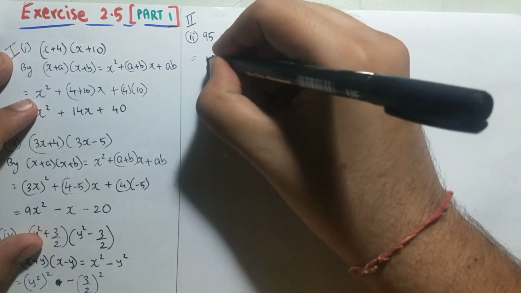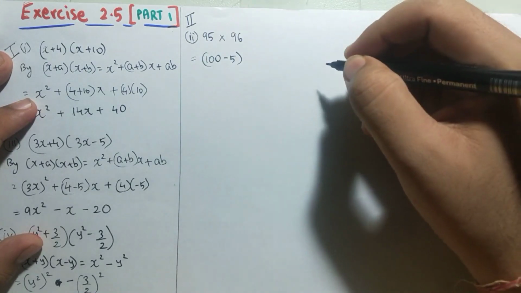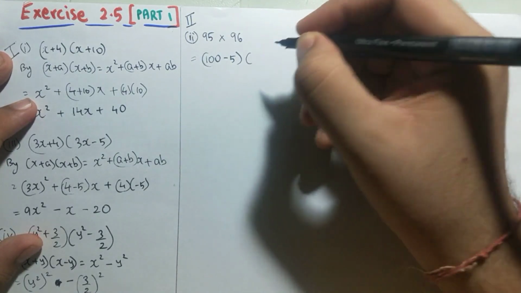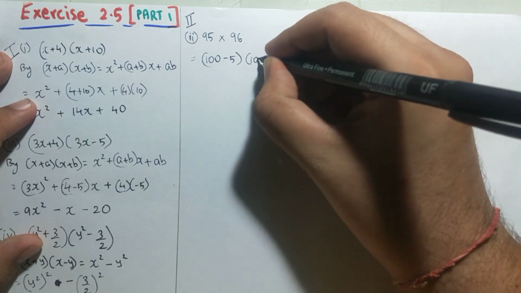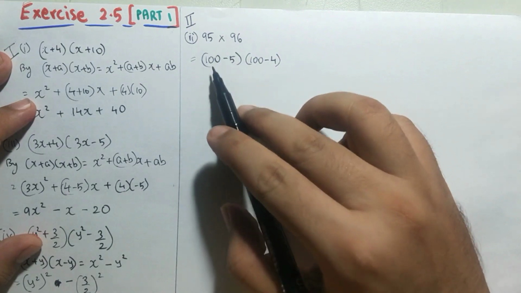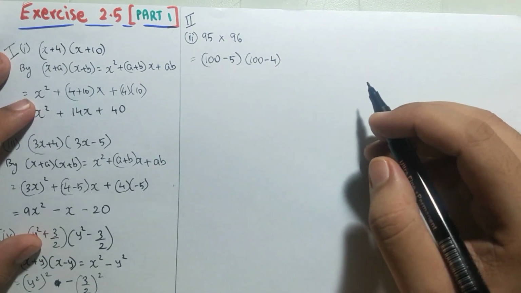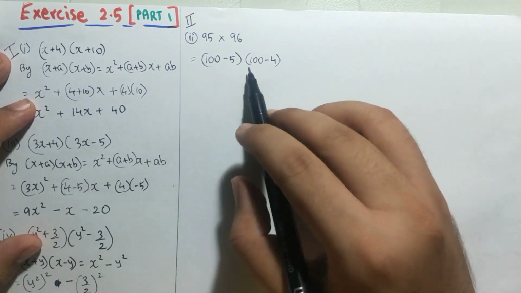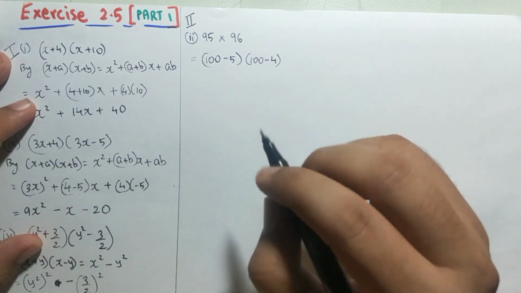95 can be written as 100 minus 5, multiplied by, I am opening another bracket, 96 can be written as 100 minus 4. Can you see that the first term of both the brackets is the same and the second terms of both the brackets are different?